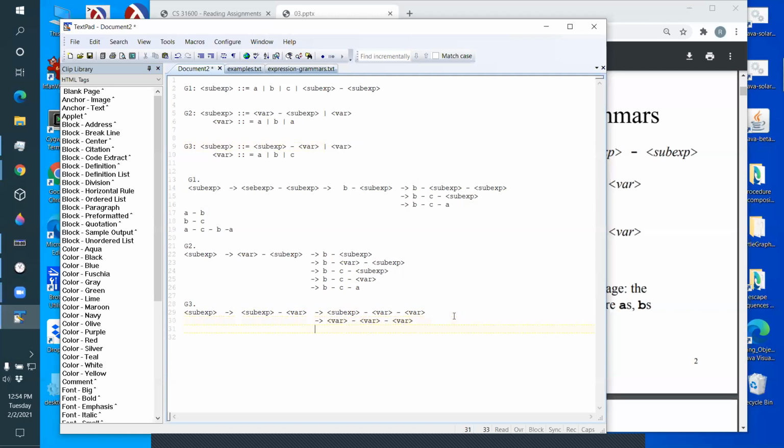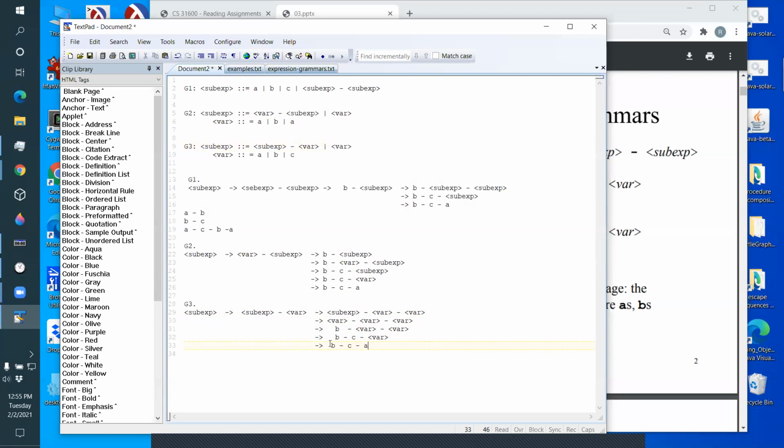Now, var can give me b, and I'm going to do this the correct way, one step at a time. So that's b minus var minus var, and then that'll give me b minus c minus var, and then finally I'll get to b minus c minus a.